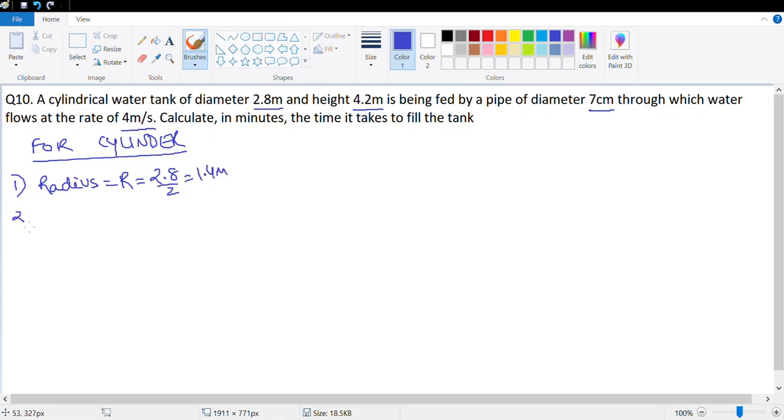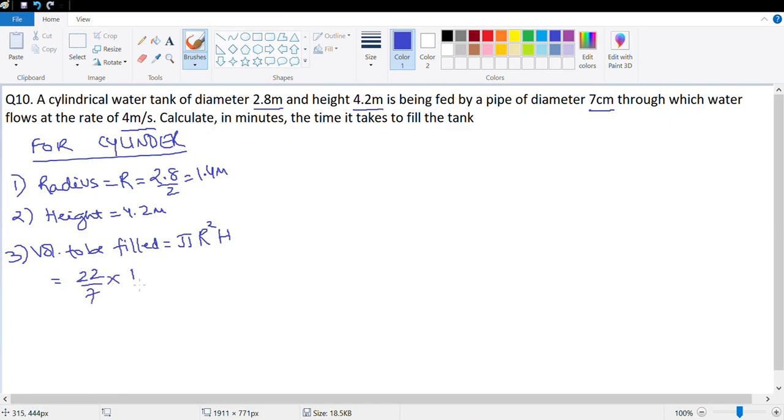Next, height is equal to 4.2 meter. So volume to be filled, because we need to fill the cylindrical tank, is equal to pi r square h, which is equal to 22 upon 7 into 1.4 into 1.4 into 4.2 meter cube.